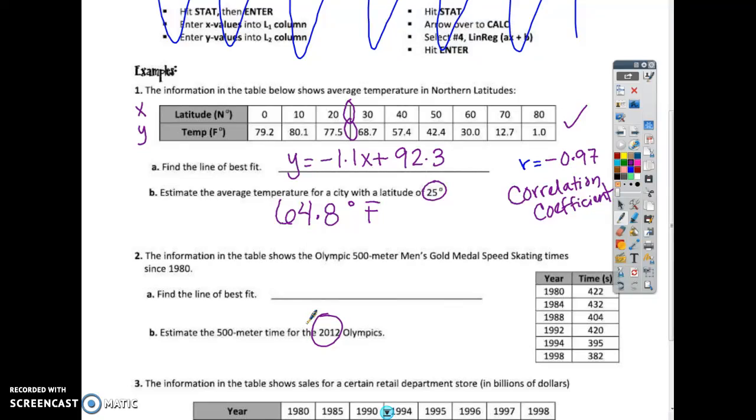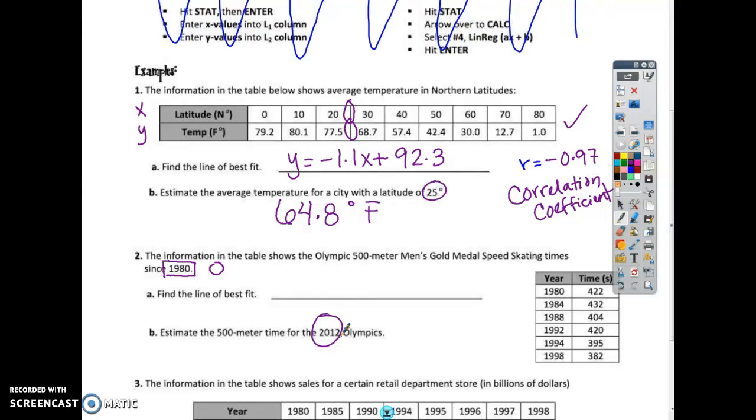Okay? For problem number 2, don't go typing 2012 because that's not a thing. They're telling you that they started at 1980. That means that year is 0, year 0. So how many years passed from 1980 to 2012?